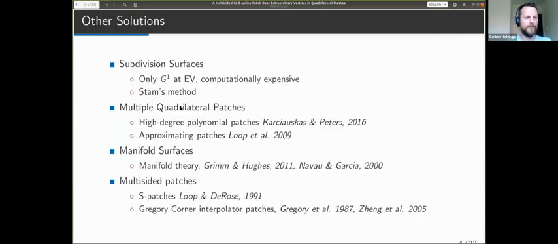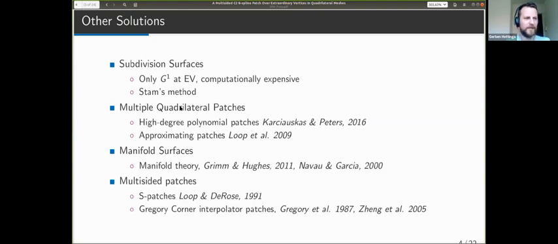Now, there are other solutions for arbitrary topology surfaces, such as subdivision surfaces, but they are commonly only G1 at EVs, or extraordinary vertices. Also computationally expensive. There are methods like Stam's method to evaluate the surfaces at arbitrary parameter values around EVs, but they also have their downsides.